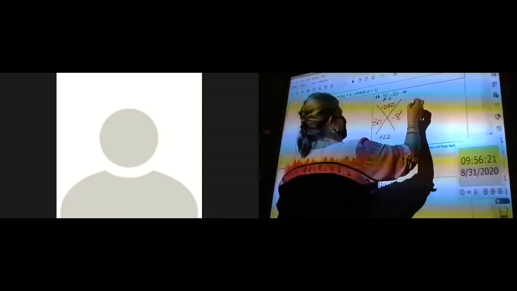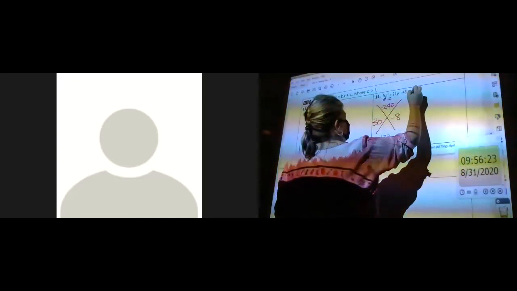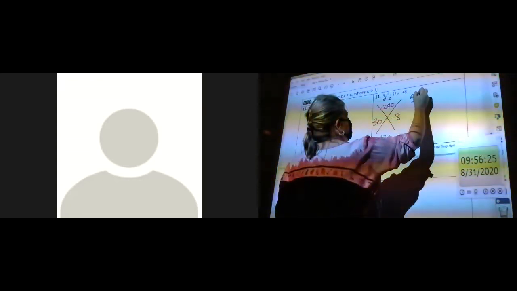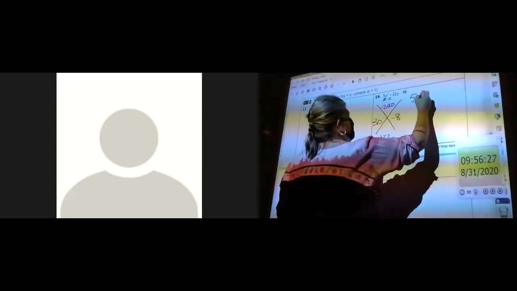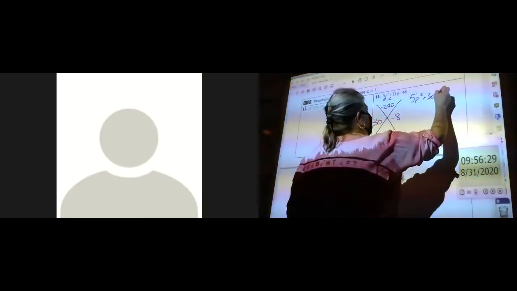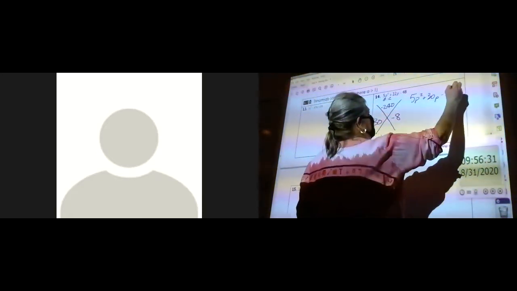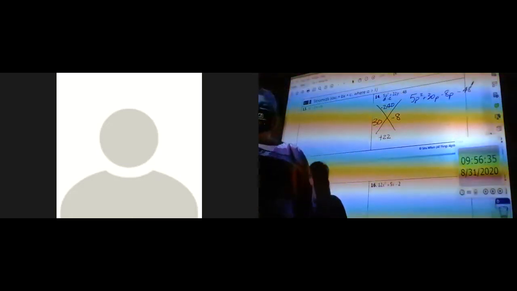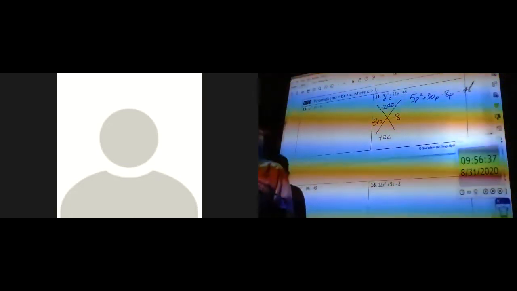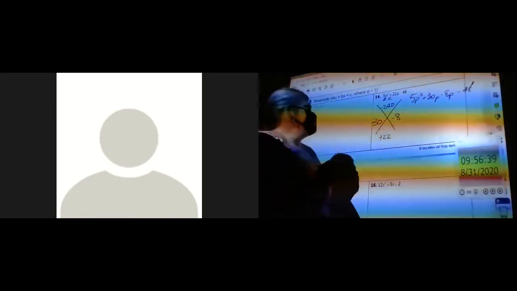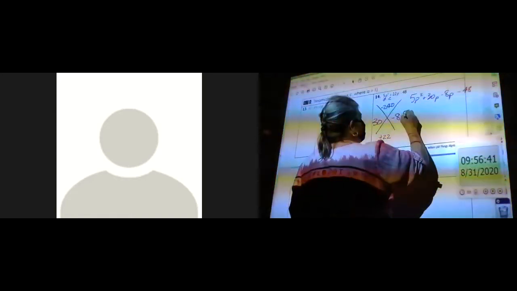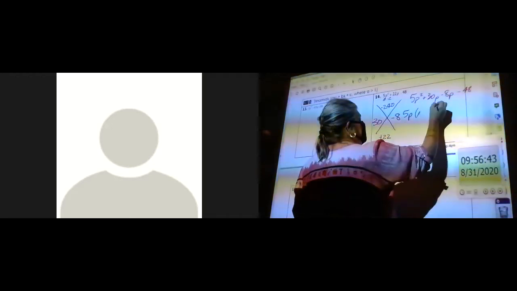Yep. So then we're going to say 5p squared plus 30p minus 8p minus 48. What is our greatest common factor in the first two terms? So 5p. And what are we left with on the inside?